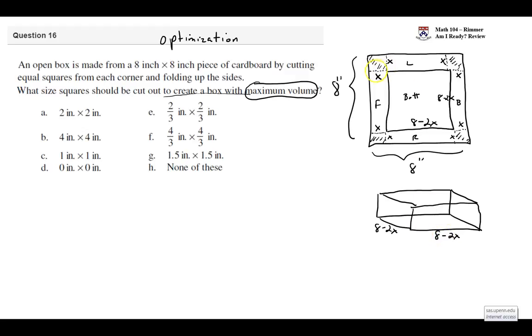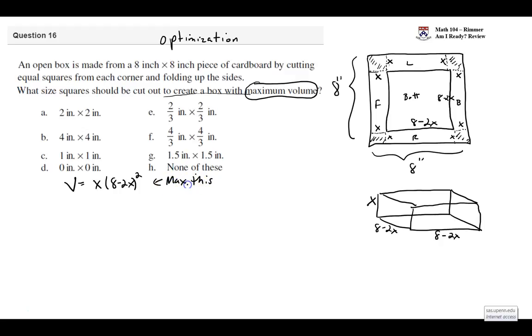And then the part that gets folded up, the box will have a height of x. And so the volume of that box will be x times (8 minus 2x) squared. Length times width times height. And it's our job to maximize this.